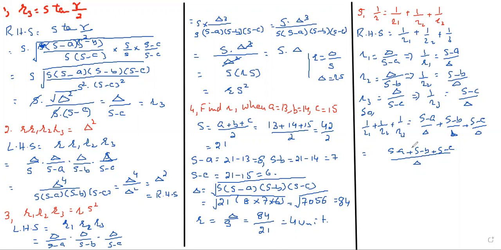So which is equal to 1, 2, 3, 3S minus A plus B plus C over delta, equals 3S minus 2S over delta, which is equal to S over delta, which is equal to the left-hand side, right? So it is proved.